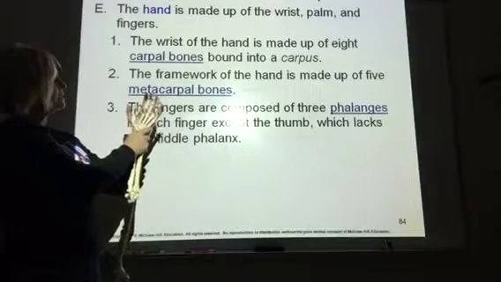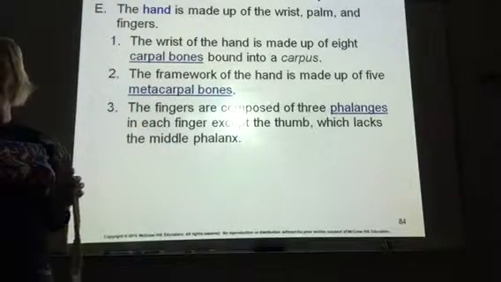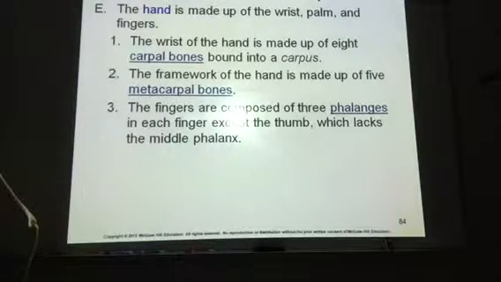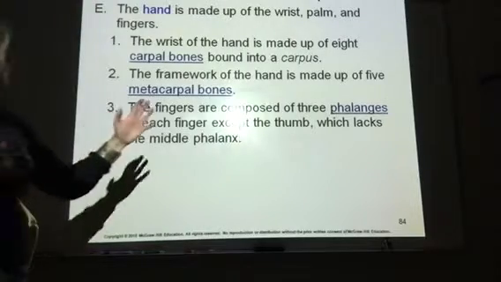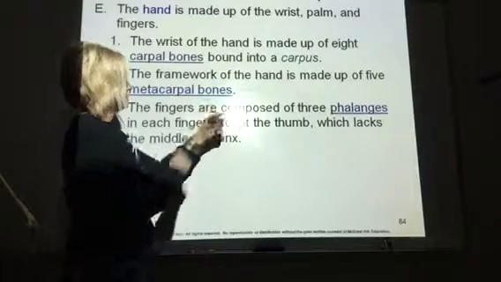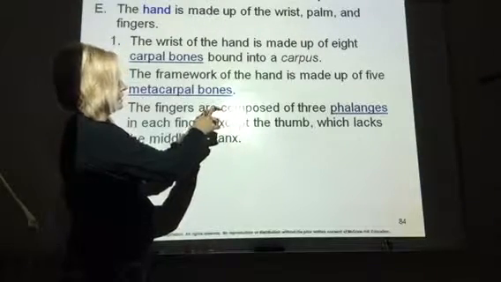And then the fingers themselves are composed of 3 actual phalanges in each finger, other than the thumb only has 2. So if you take a look at your fingers right now, when I bend my thumb, I can see 2 parts to it. Every other finger, I see 1, 2, 3.